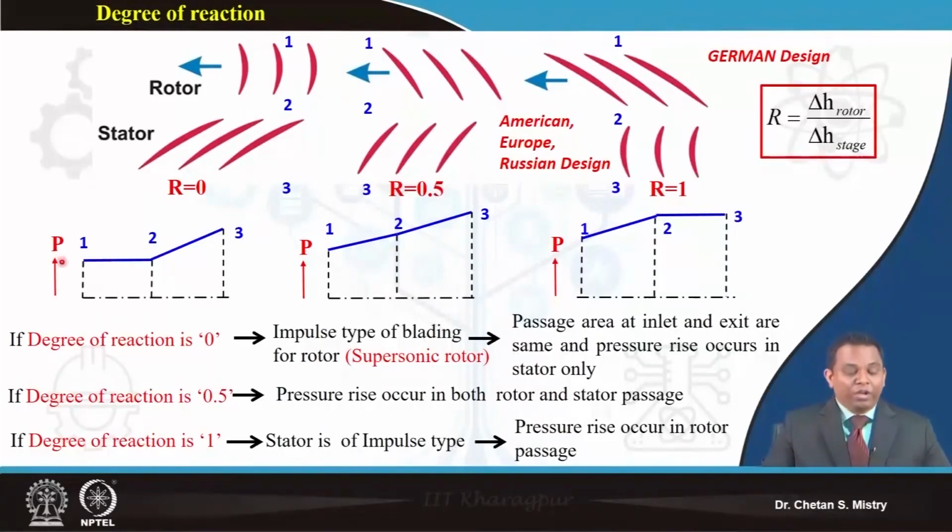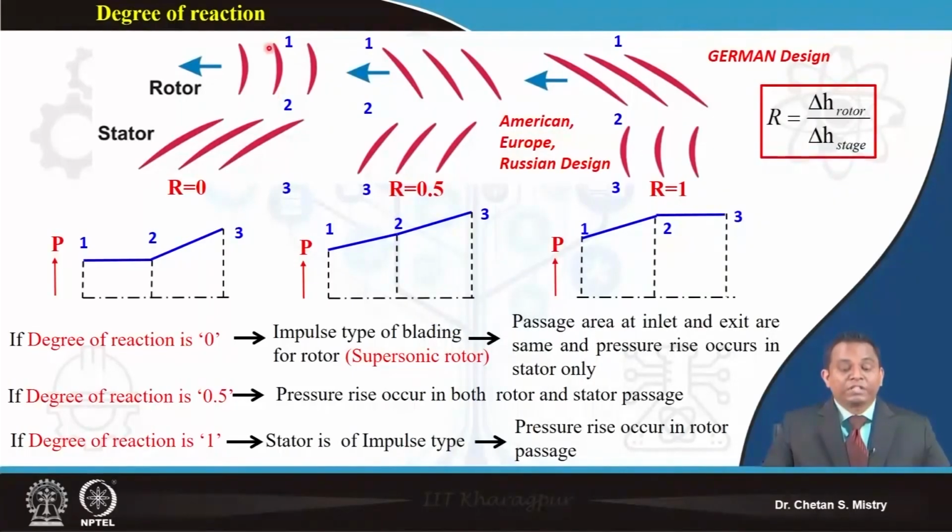Now if you look carefully, when my degree of reaction is 0, look at this passage of the rotor. My entry area and my exit area are both the same. It is not having any change of passage shape.